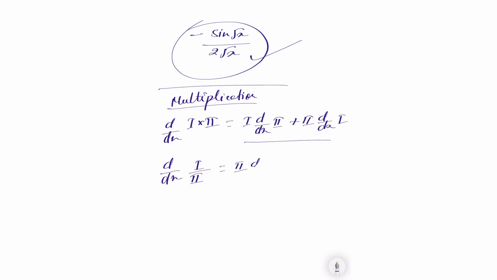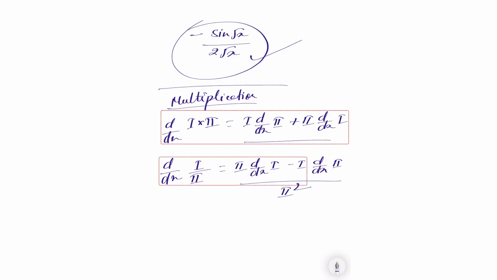Here 2 d dx of 1 minus 1 d dx of 2 divide by, don't forget, divide by 2 square. So learn these three different formulas, three different rules. Look at all the formulas and enjoy writing the page, practicing this page. Best of luck.